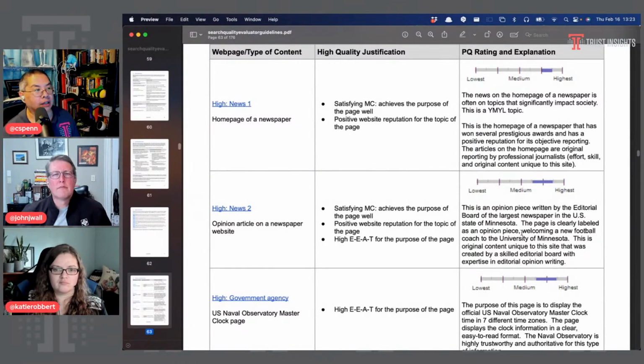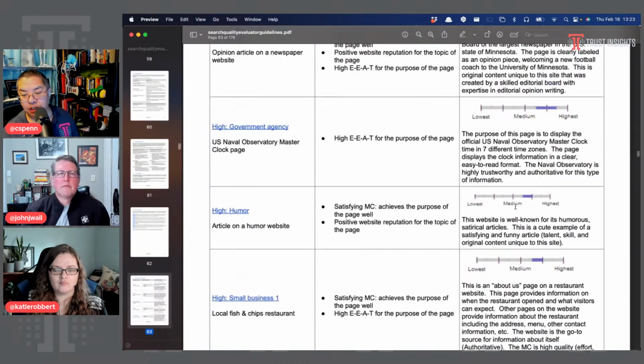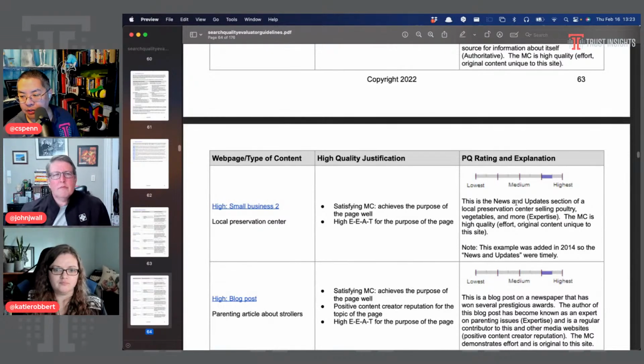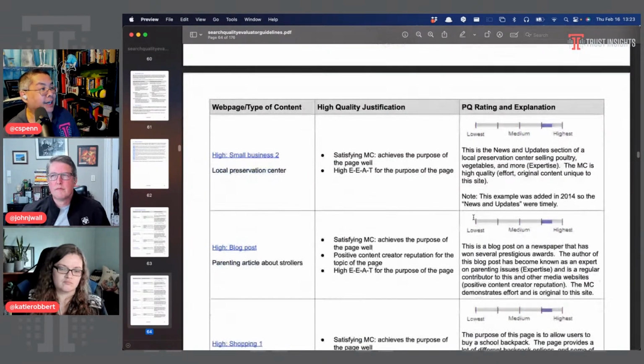So if you have content that could be misconstrued, being clear about its intent is super helpful. When you look at the news and updates page, main content quality is high: effort, original content unique to the site. As a marketer, if you are just copy pasting from somebody else's website, that's low quality.